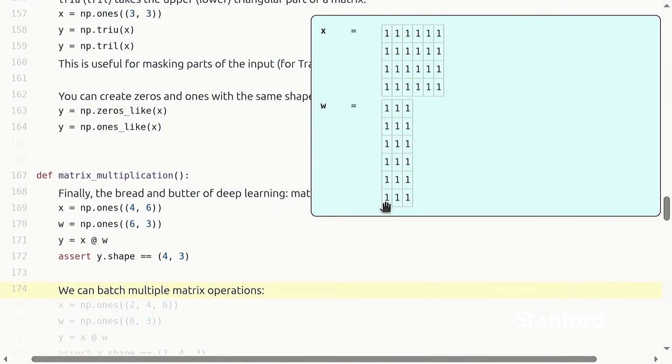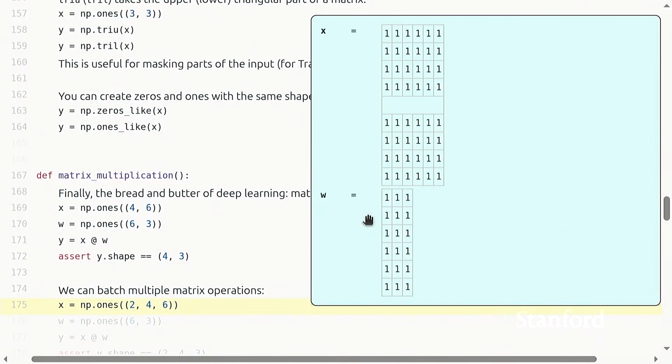Remember that we want to pack everything into tensors for efficiency, so we can batch multiple matrix operations together. Suppose we have a tensor which is 2 by 4 by 6. Effectively we have two 4 by 6 matrices. And remember, often the first dimension is a batch dimension, so you have 2 data points, or n data points, and you often want to do the same operation to every data point.